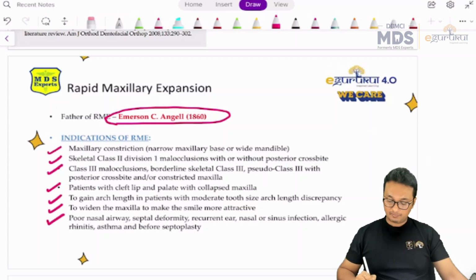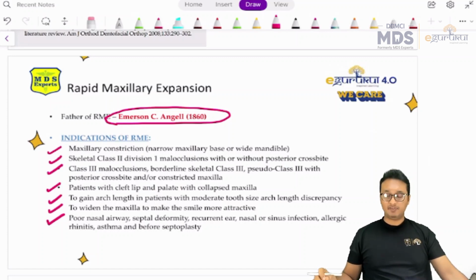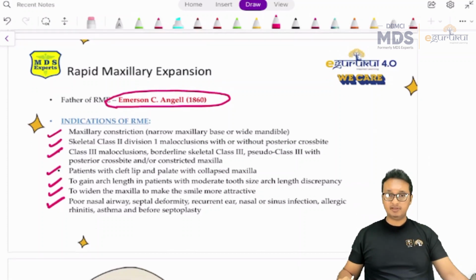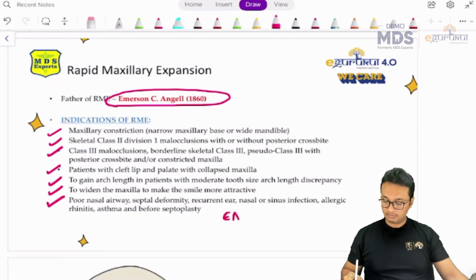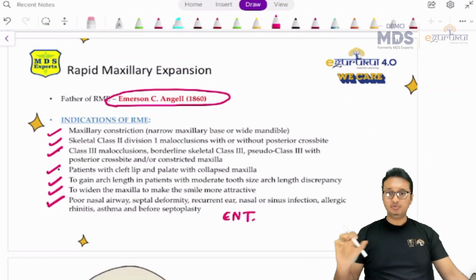And one of the medical requirements of RME is poor nasal airway, septal deformity, recurrent ear, nasal or sinus infections, allergic rhinitis, asthma, and before septoplasty. So we have to work in conjunction with an ENT surgeon, who is also known as an otorhinolaryngologist, and we can do this procedure of expanding the maxilla in a rapid way.